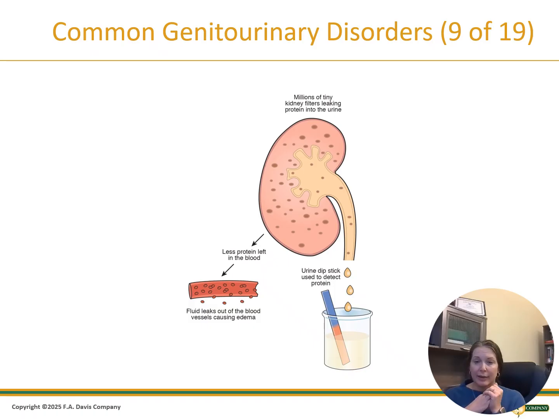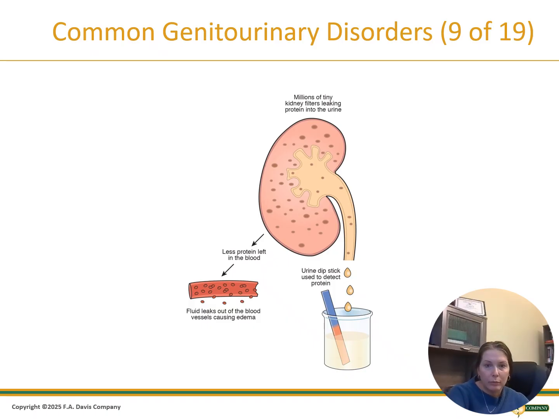And we can detect this by just the dipstick test, and that'll show the proteinuria. We can have low protein in the blood when we have a lot of it lost in the urine. So there's a lot less left in the bloodstream.